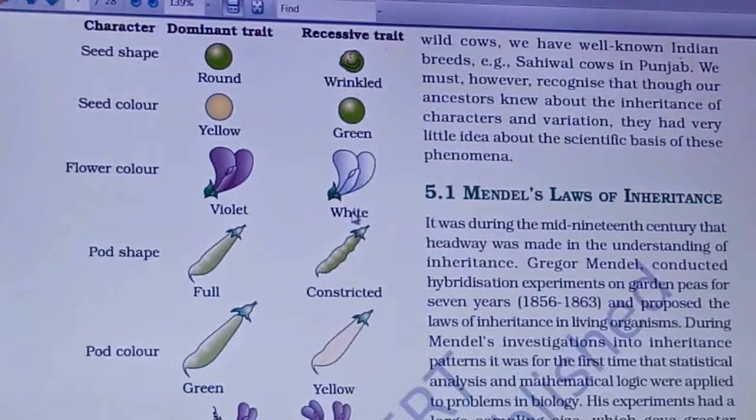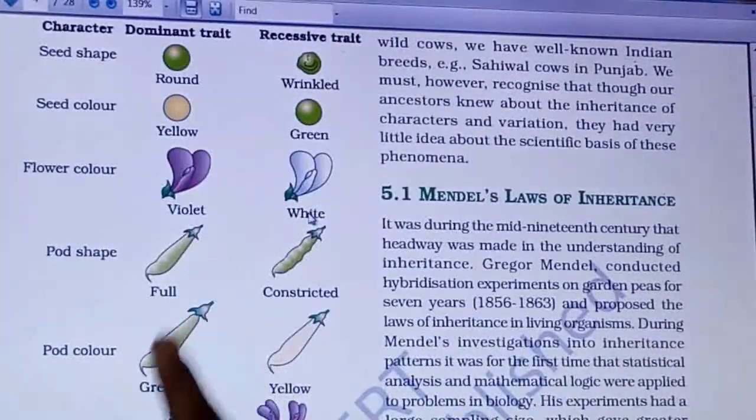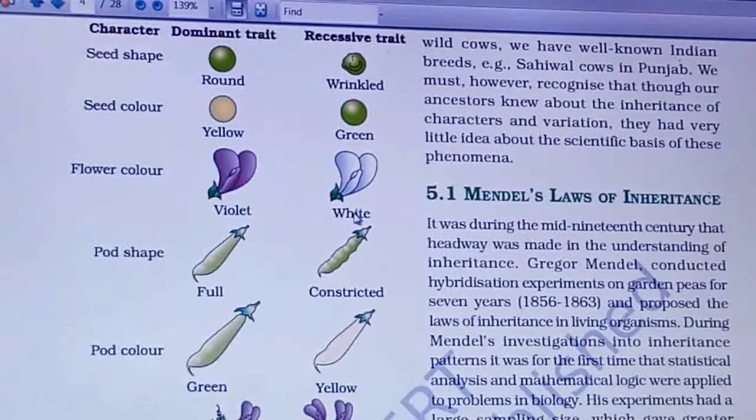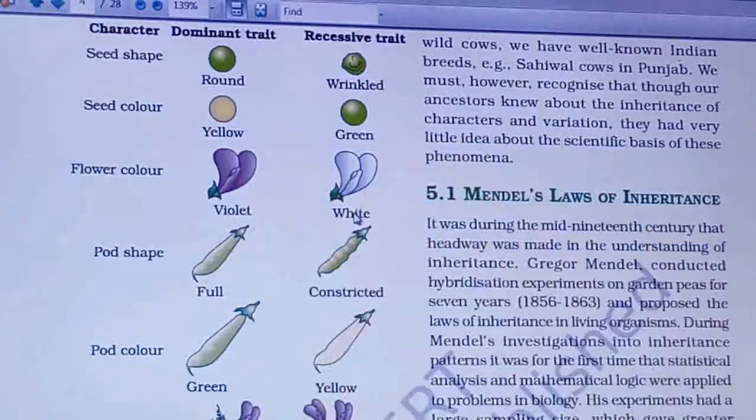So this you have to keep in mind, and these characters also, which character is dominant and which is recessive, because a 1 mark question will be asked on this, that give the pair of contrasting traits of pod shape or flower color, seed shape or seed color. So this you have to prepare well, right?